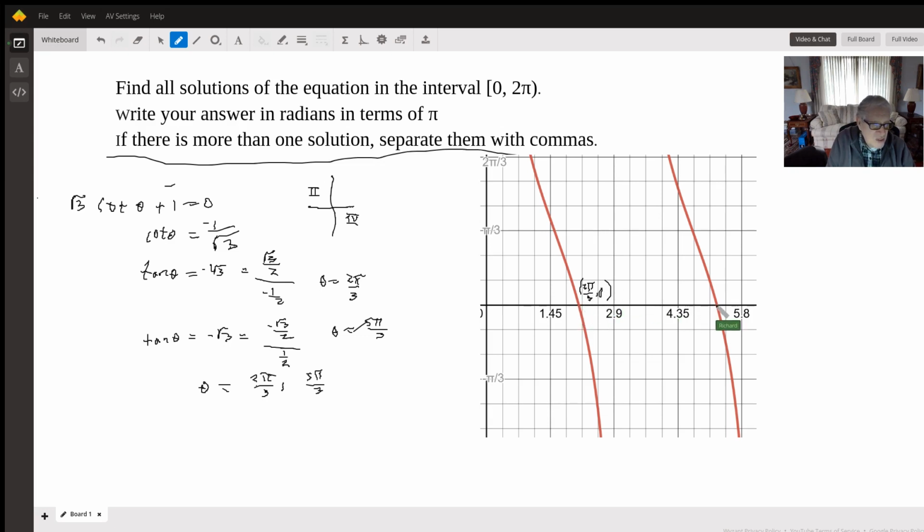It's very nice, convenient. And if you touch this point, you're going to get 5 pi over 3, comma 0. And I like to use Desmos because I can upload something to the screen that you could see. And this is the graph of root 3 cotangent of theta plus 1. You can see I'm just looking for the x-intercepts, which are here and here.